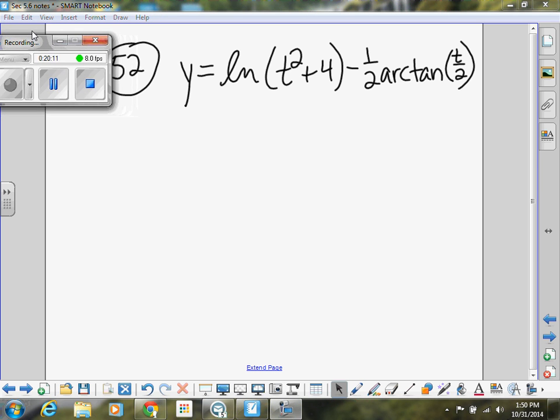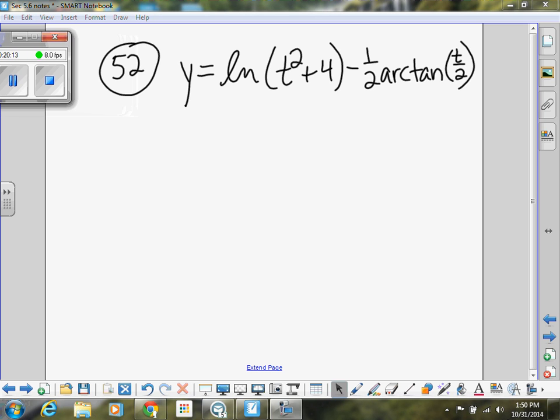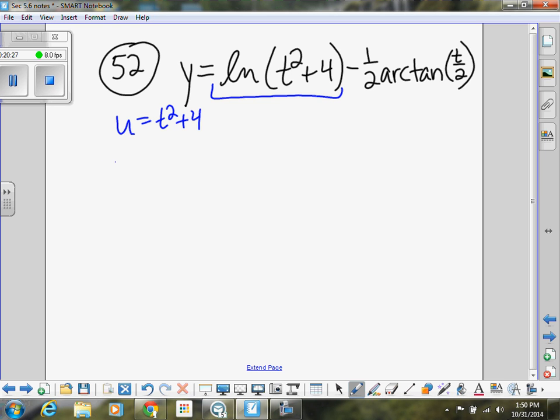Okay, so we're ready to go over this one. So when I do the derivative of just this ln part, what is that? du over u. Remember, on this part, my u is t squared plus 4. So my du is simply 2t. So my derivative of the ln part is t squared plus 4 in the denominator and 2t in the numerator.